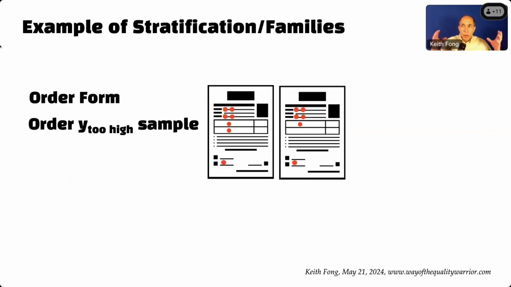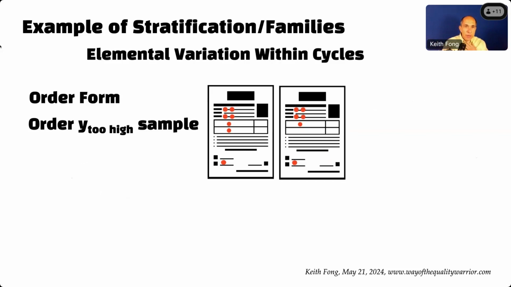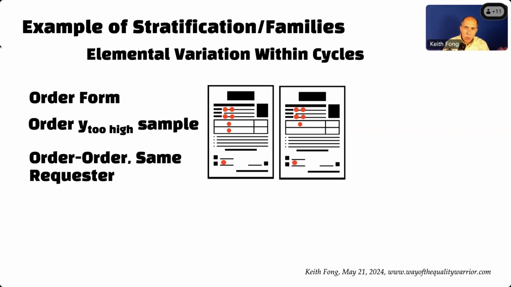Now we're going to make our family bigger. We start out with just one order form, then part of the order form, then multiple parts of the order form. Now we're going to incorporate multiple orders. In this case, this is elemental variation within cycles. What we see is that order to order with the same requester, they're about the same.